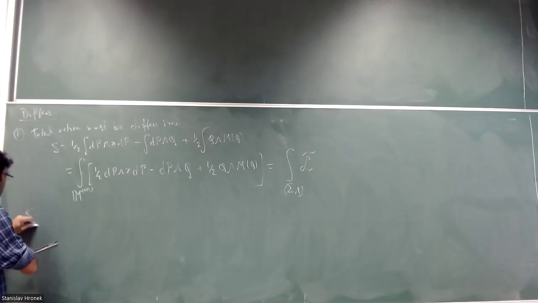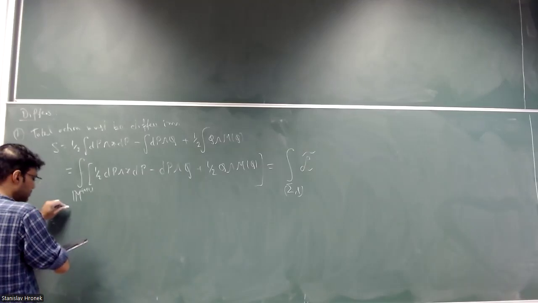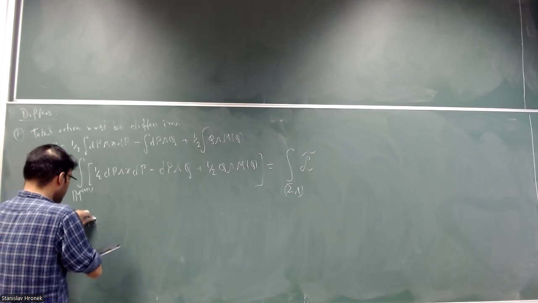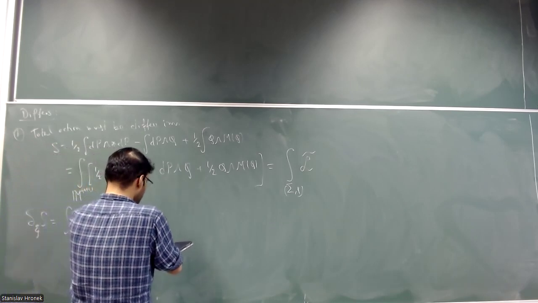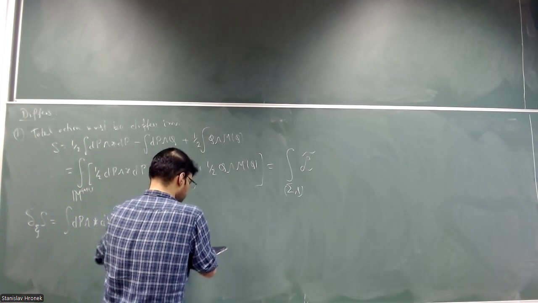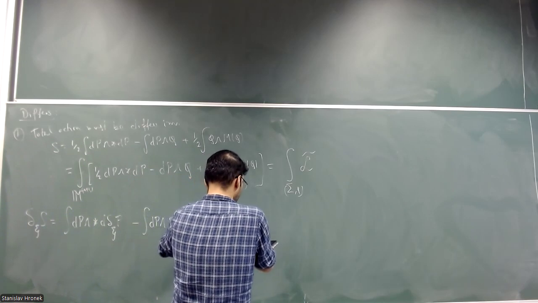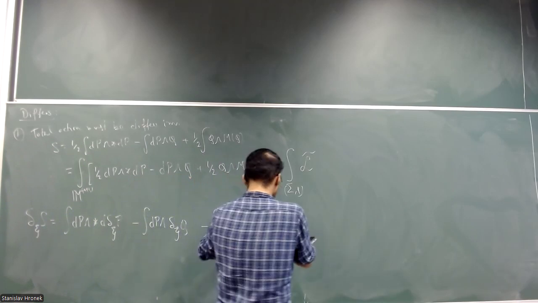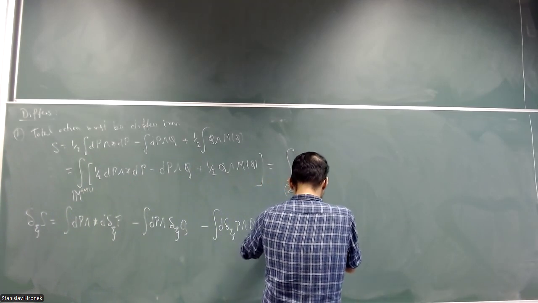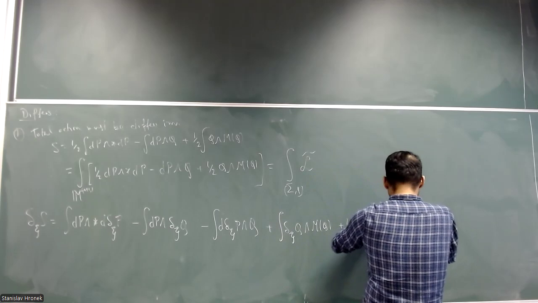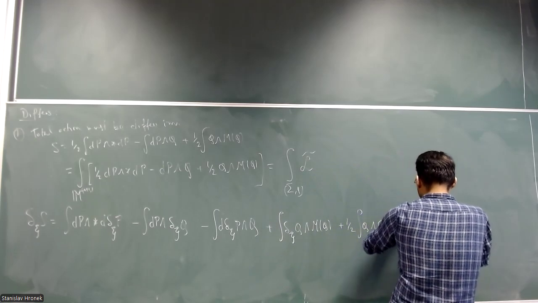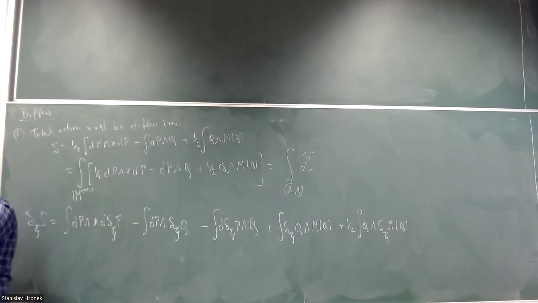Now, if I take a variation, I'm just taking a diffeomorphism variation of the total action.